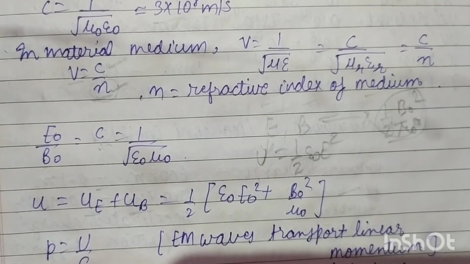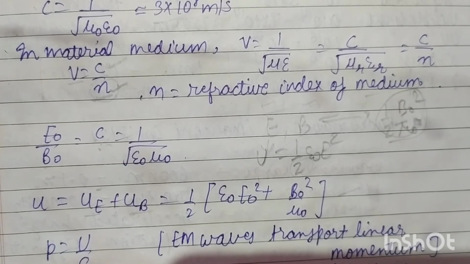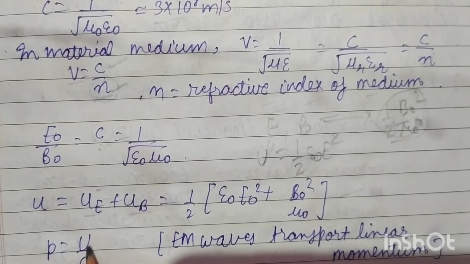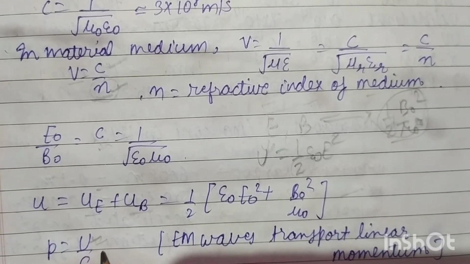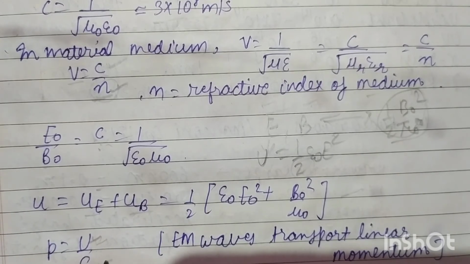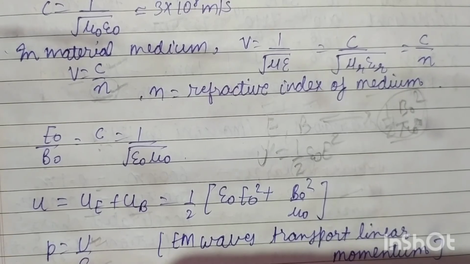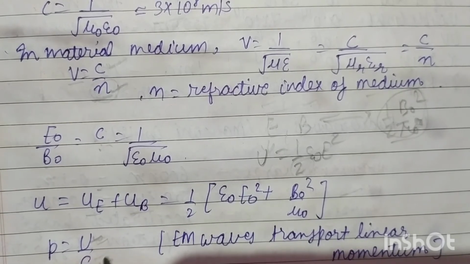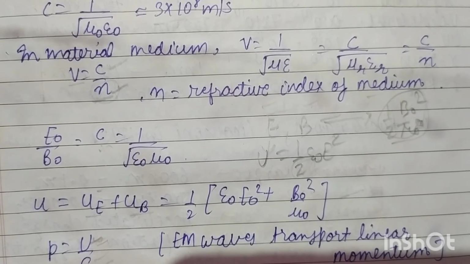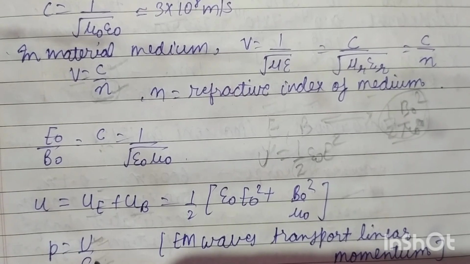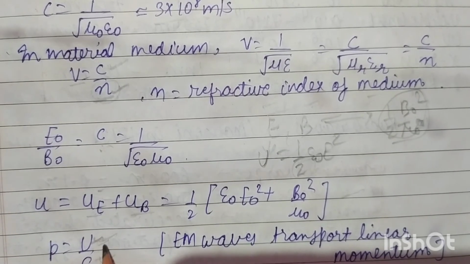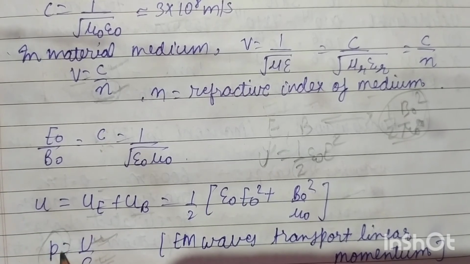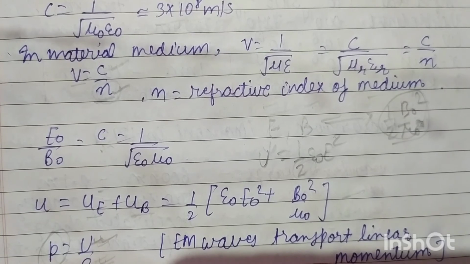Now what will be the momentum of these EM waves? It will be U divided by C, where U is the energy and C is the speed of light. So these EM waves carry linear momentum, and they travel with the speed of light.